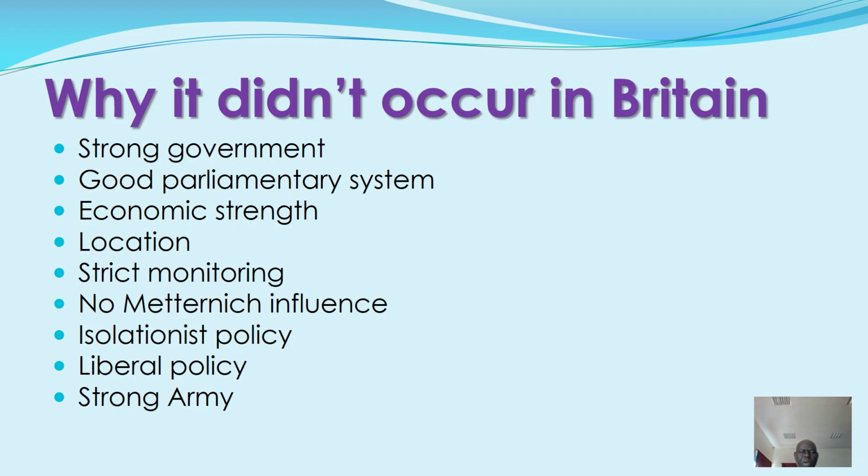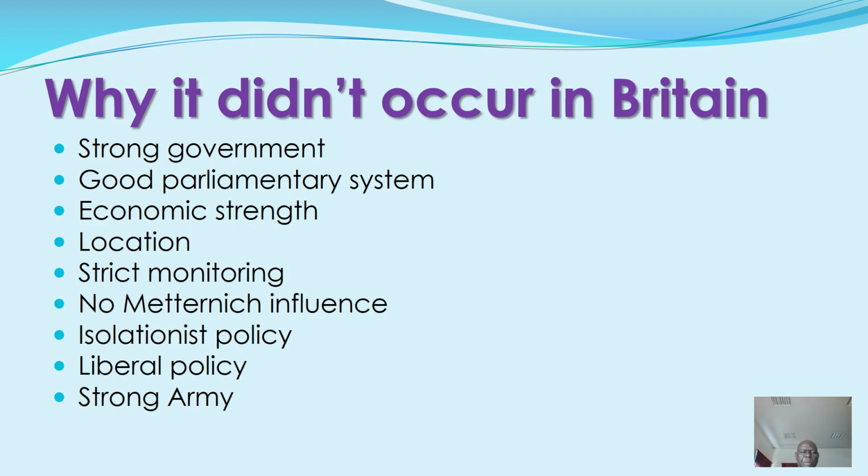And it is against such a background that if you are asked a question to account for the occurrence of revolutions elsewhere but not in Britain or Belgium, you have to take note that these countries where the revolutions were not experienced in 1848 had strong, competent governments that provided solutions to some of the problems that other countries faced.